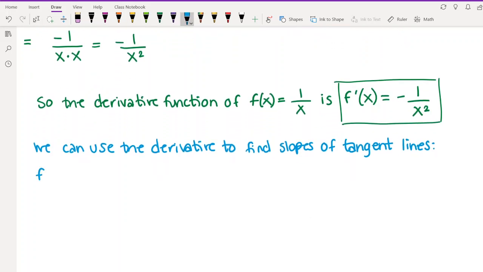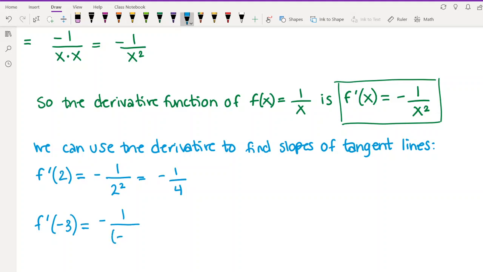Then I would say f prime of 2 is equal to negative 1 over 2 squared, which is negative 1/4. So now I know that the slope of the tangent line at 2 is negative 1/4. Or if I wanted to find the slope at negative 3, I would plug negative 3 into this derivative function, and the slope would be negative 1/9.